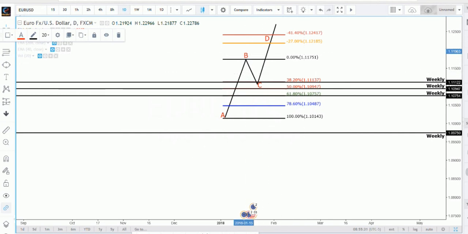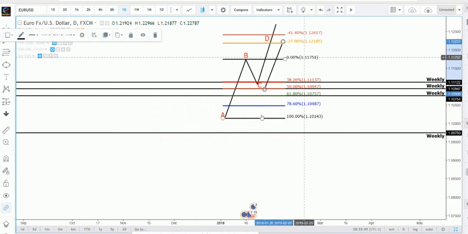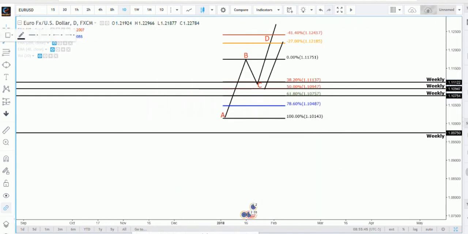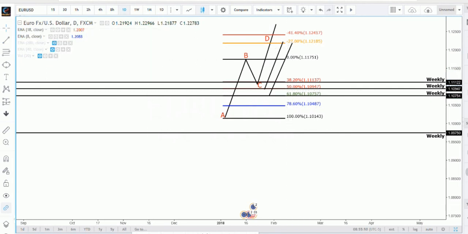And then we can bounce off either 38, 61. We can even come down as far as 78. And also, the steeper the retracement, the stronger the breakout, or the longer the consolidation.